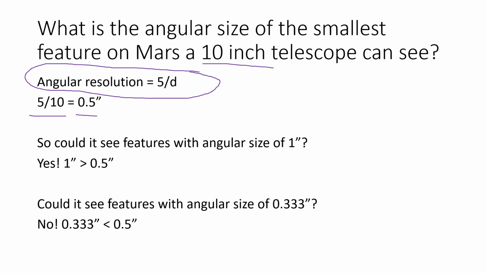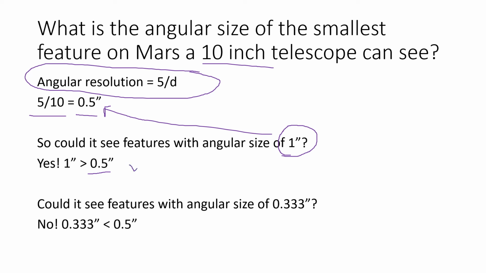So could this telescope theoretically see features of an angular size of 1 second of arc? Well, let's compare it to the smallest angular feature the telescope can see. The telescope can see things as small as a half a second of arc. 1 is bigger than 1/2.